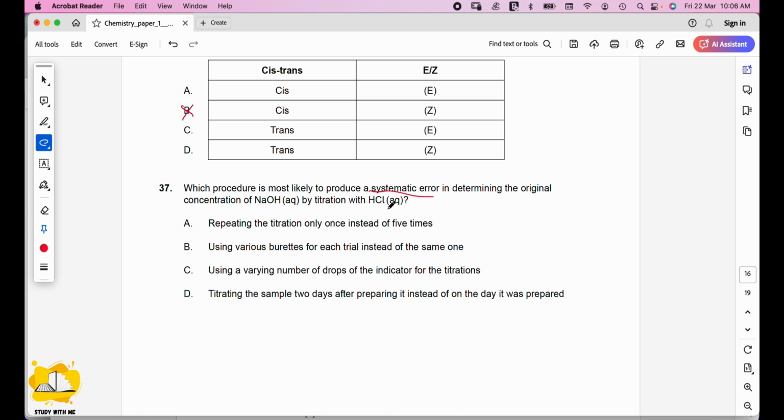Repeating is not producing a systematic error, but when you titrate 2 days after preparing, some reaction will occur or some HCl will evaporate and it is not fresh enough. So if you titrate the sample 2 days after, you definitely will produce a systematic error in your experiment. So the answer will be D.